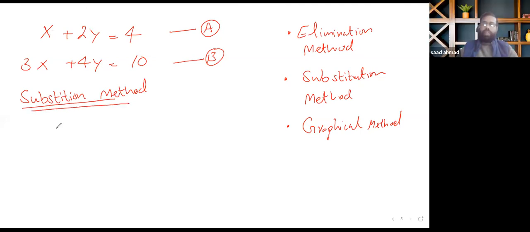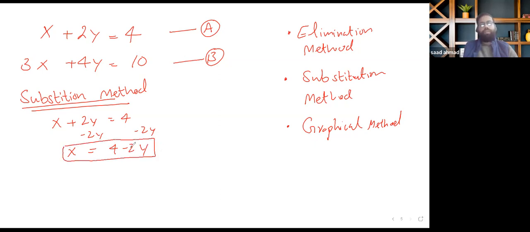So we take the equation A. Okay, first of all, we write the equation A. And what we do is we subtract the 2y on both sides. Now we have x equals 4 minus 2y.